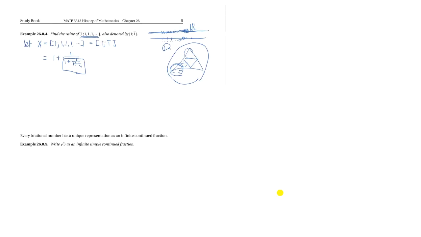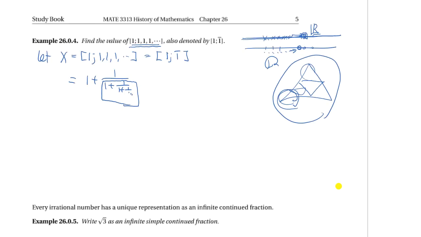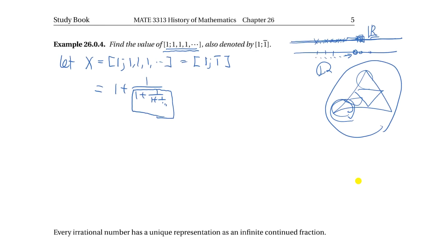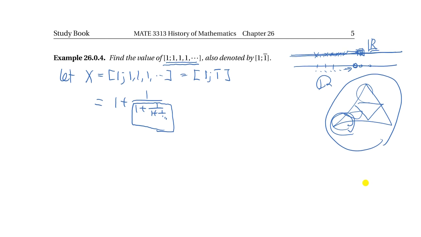That's the power of infinity. It's not exactly matching, but the concept is that a proper part of it is exactly the same as its original set. Same thing here: this part of the entire equation is the same as the entire one.